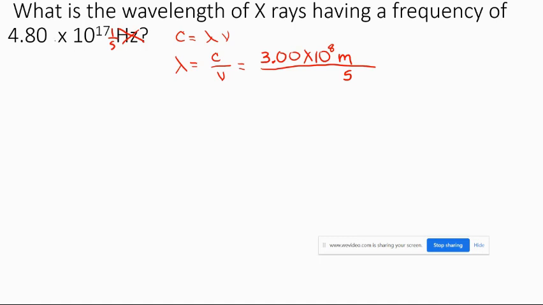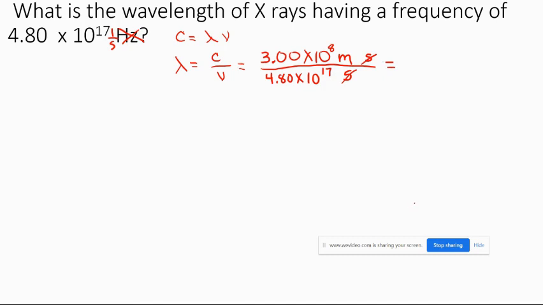So I'm going to put this guy in for this: 4.80 times 10 to the 17th. And then the seconds are on the opposite line, so they're going to go up here. These seconds here are these seconds right here. My seconds then are going to cancel, and you're going to throw this in your calculator.